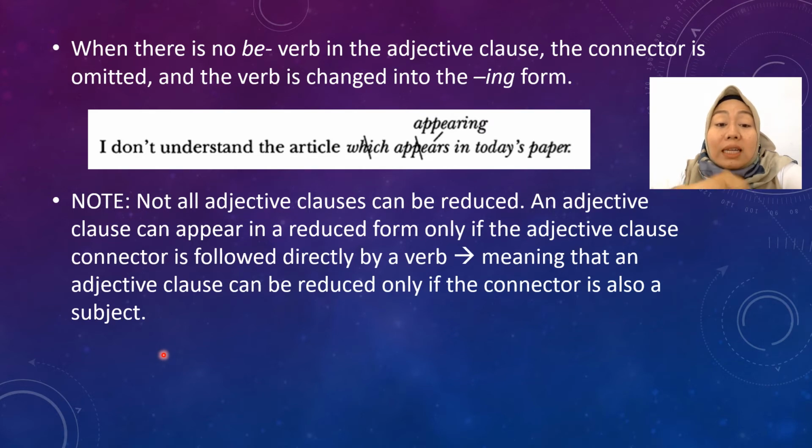Only if the adjective clause connector also functions as the subject, then the adjective clause can be reduced. That's a note for reduced adjective clauses. So we can reduce the adjective clause if the adjective clause connector also functions as the subject of the clause.